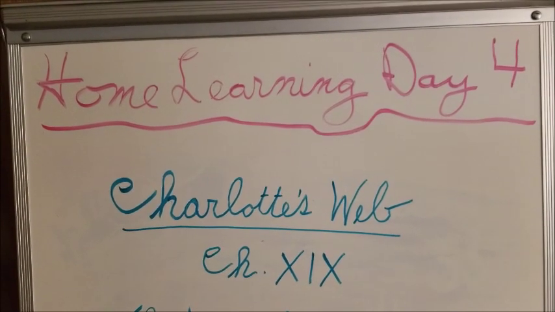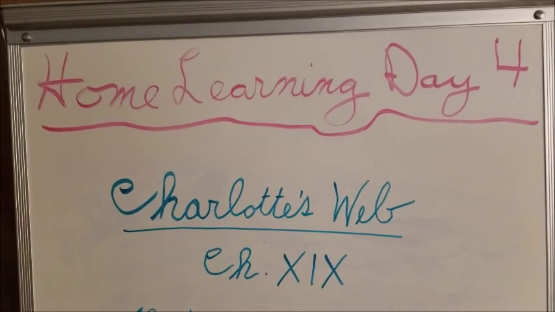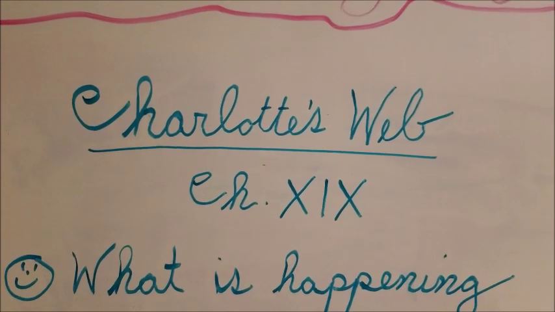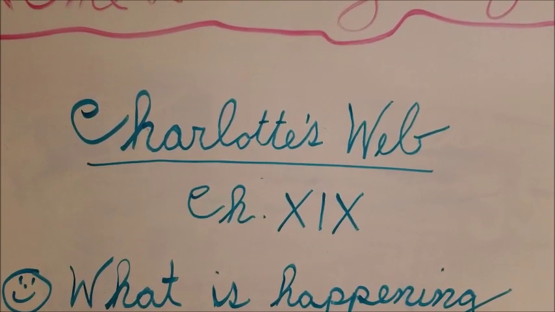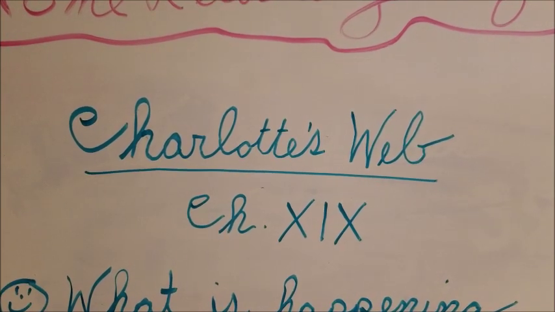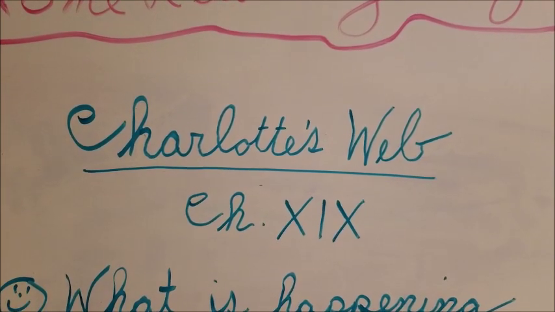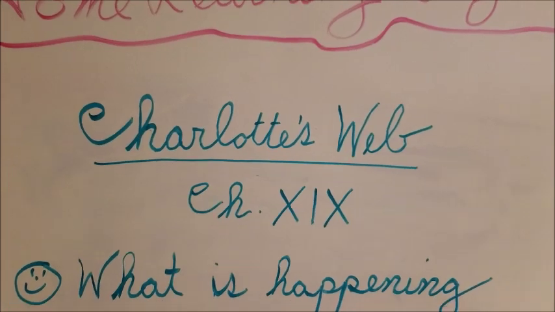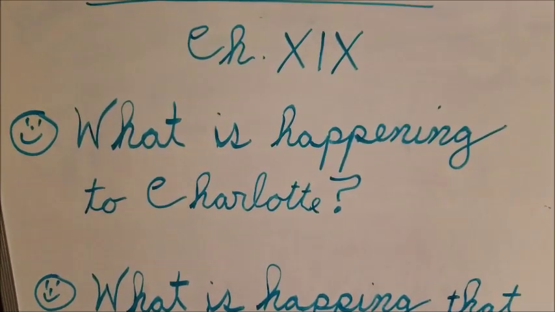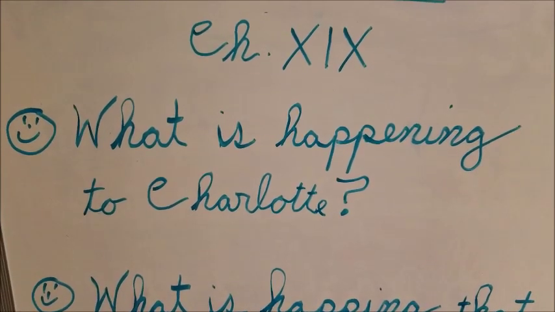Boys and girls, day 4, you are supposed to read Charlotte's Web chapter 19. Now, if you're close to that, that's good. You have the weekend. Maybe some of you are ahead of that. But regardless, if you've read it or if you haven't, I want you to be thinking about what is happening to Charlotte.